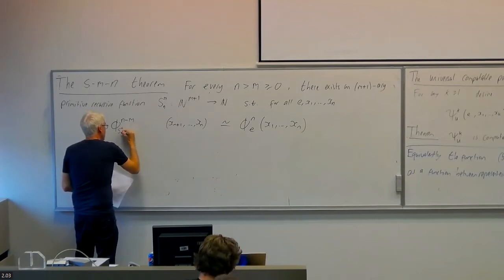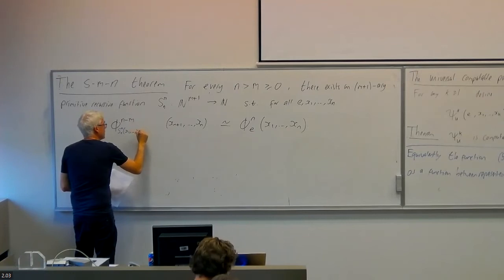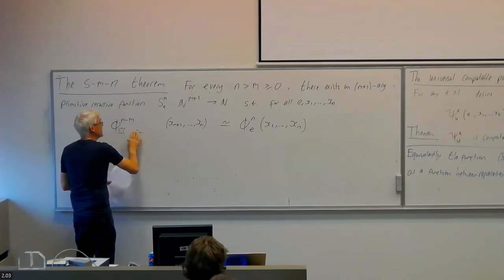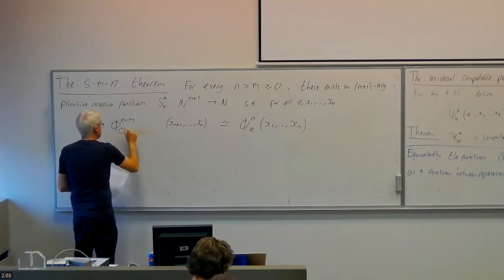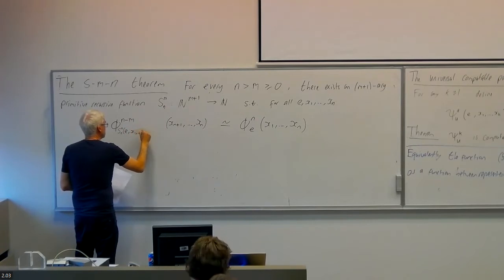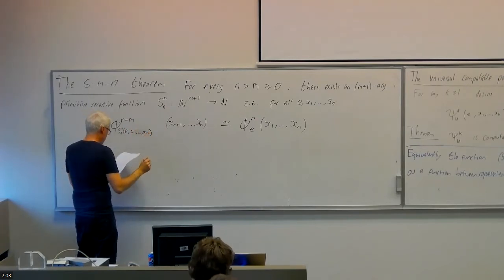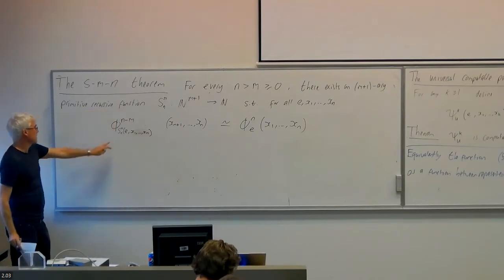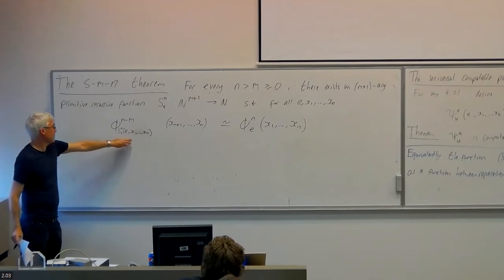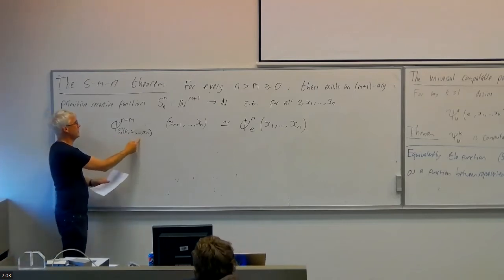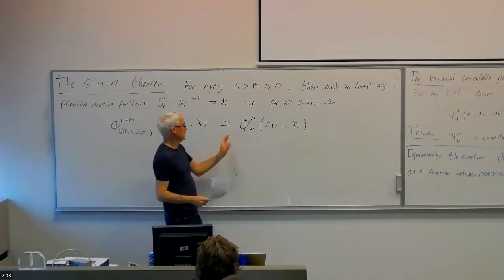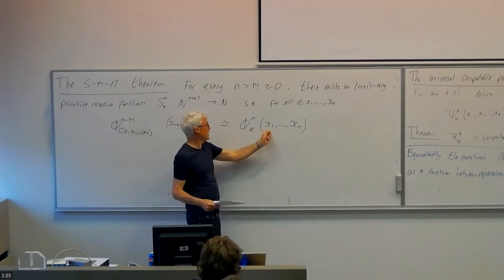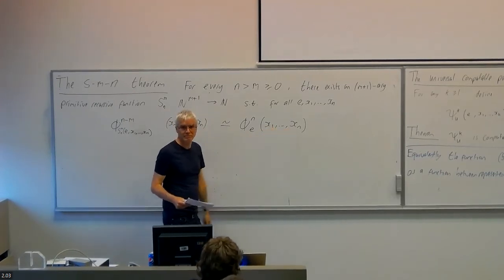So the function Smn, we apply that to e and x1 through to xm. So this Smn computes us an index for this function when we fix the arguments x1 through to xn.